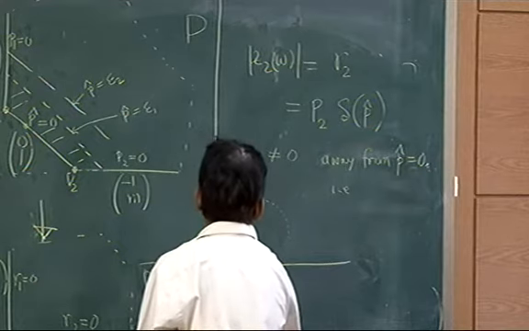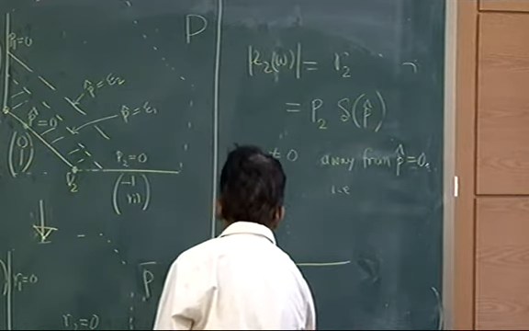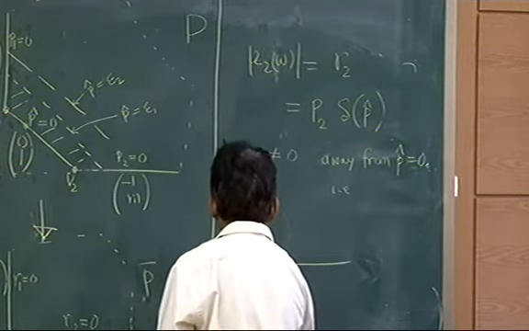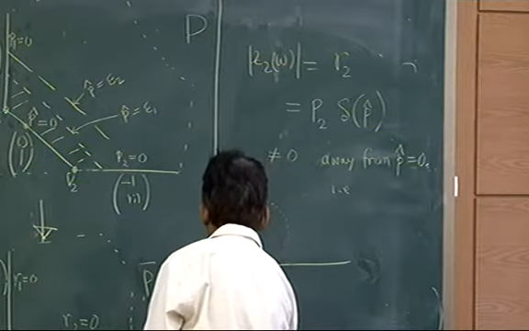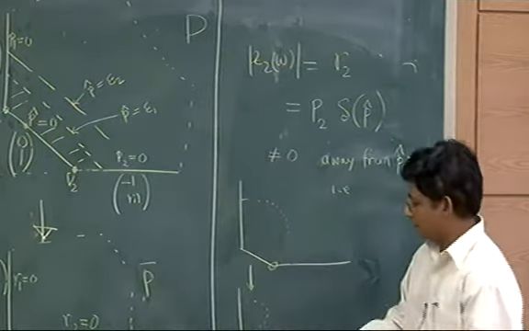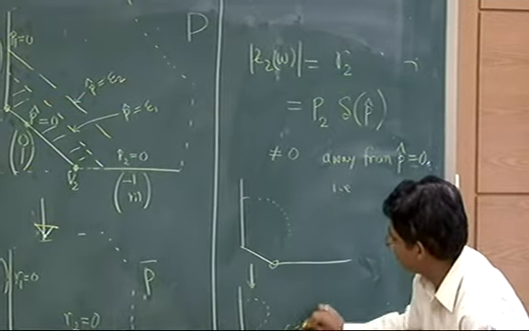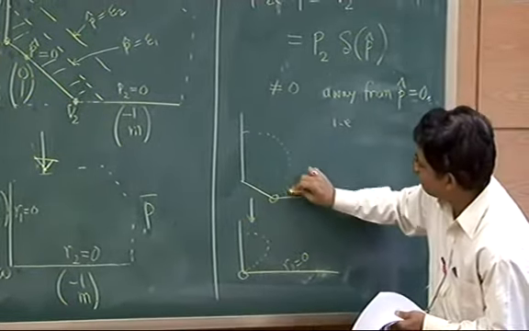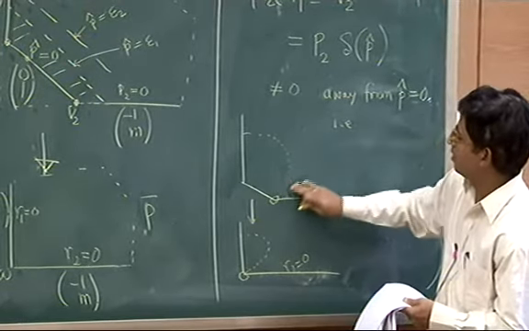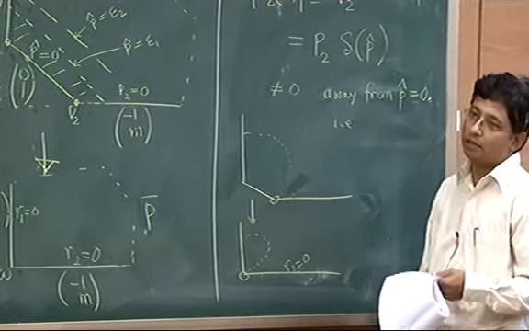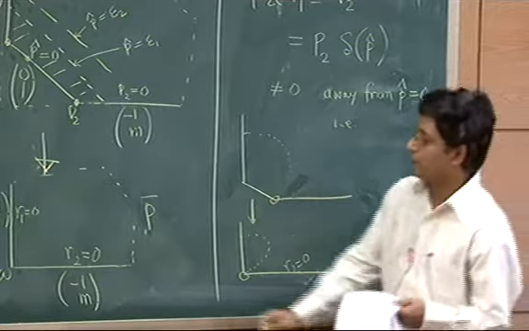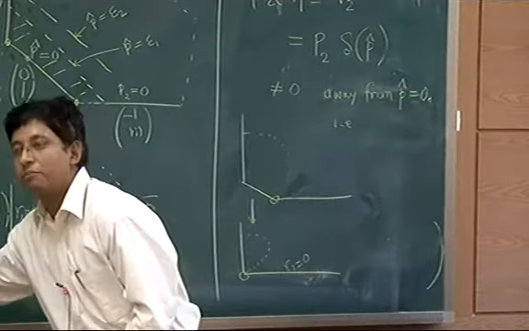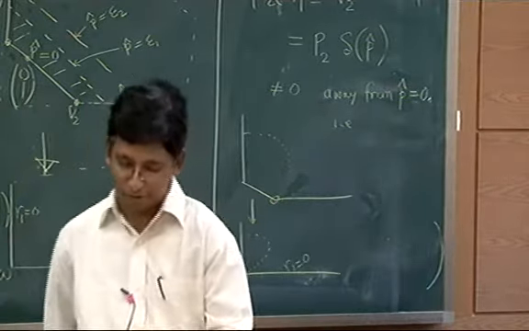And when you go down, it never touches this R2 equal to 0 because there is a gap. So anyway, this map is invertible. That's roughly what I want to say.